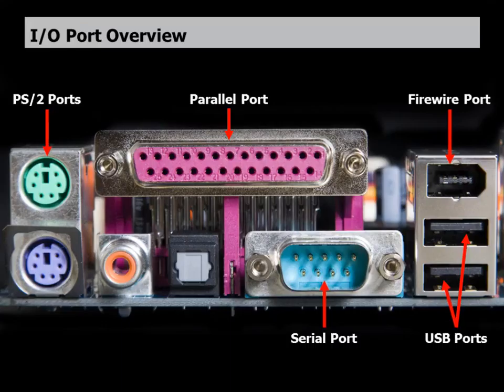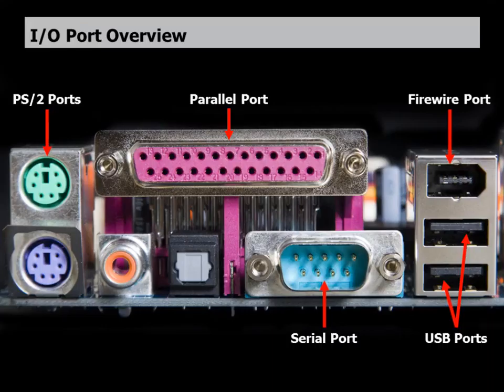A big problem a lot of people have is they'll hear that something is a male connector or a female connector, or a male port and a female port, and they want to know what the difference is. Well, the parallel port would be an example of a female port, and the serial port would be the example of a male port.